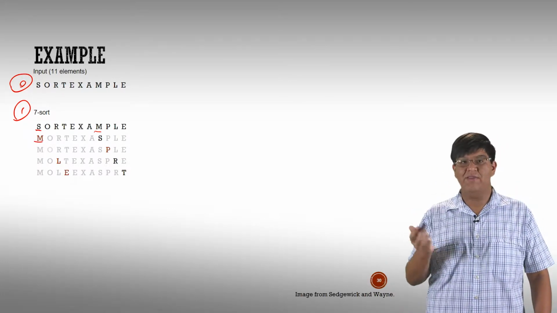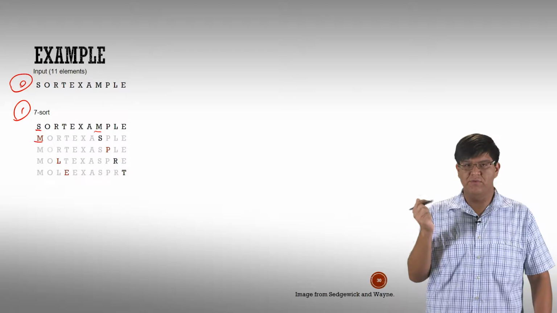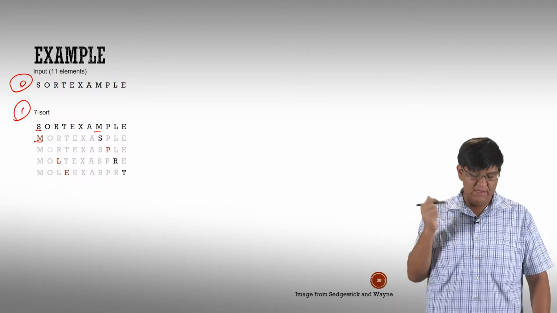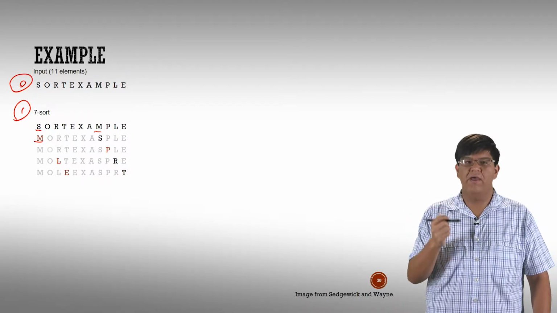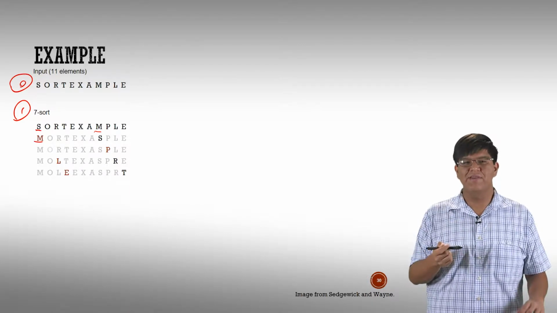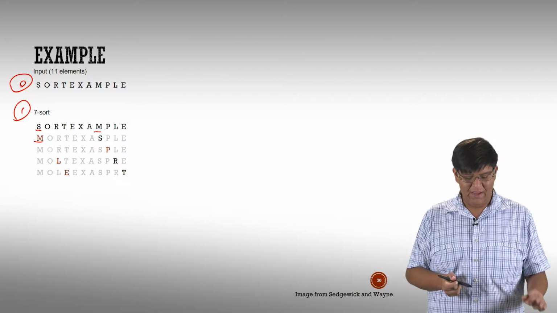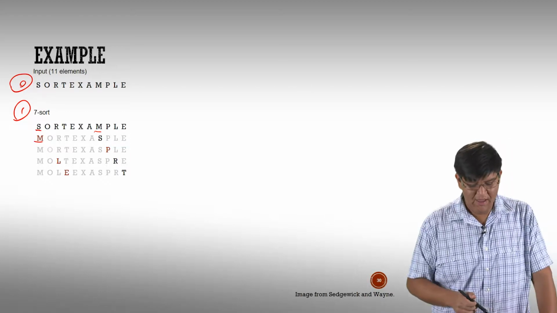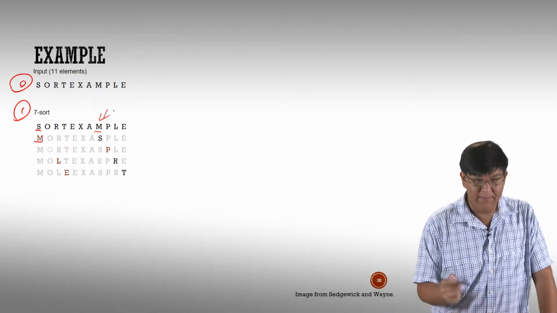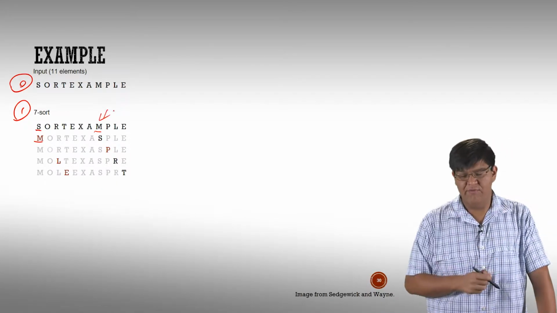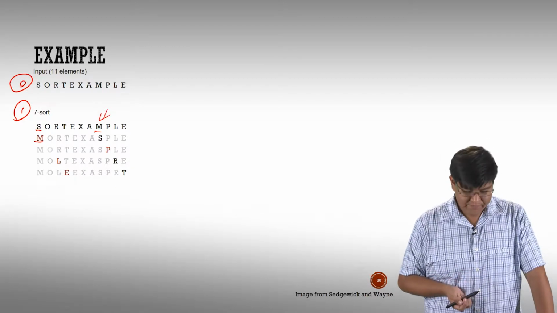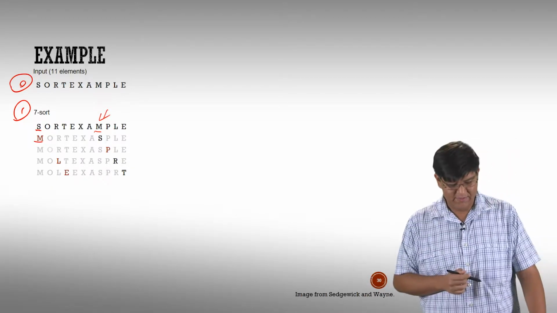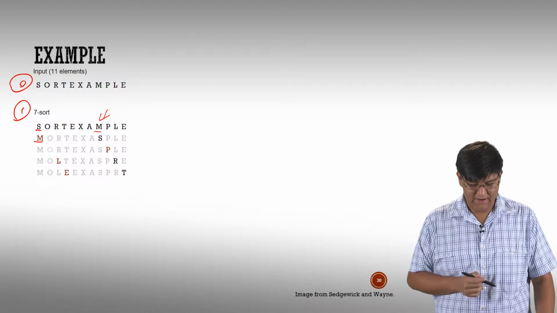In insertion sort, we push something and do exchanges until we get to where we belong. That's indicated by the letters being red. That's as far as I went. I don't need to push M anywhere else. I start by doing my insertion sort on M, and M goes to the left, only one position, because that's as far as it can go. So M gets placed right at index 0.